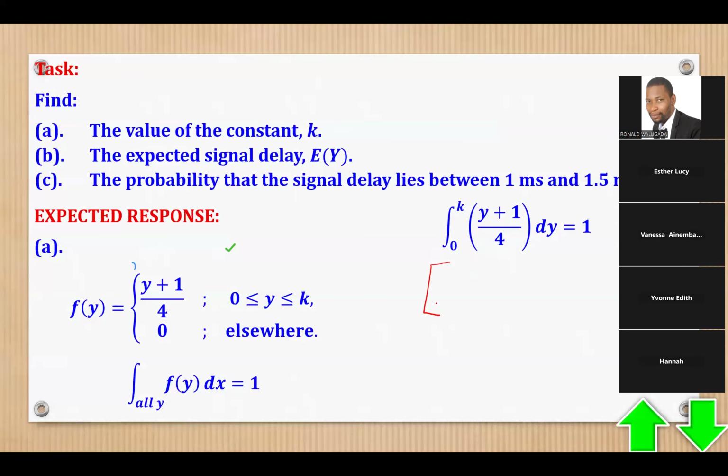Anyone? When I integrate (y + 1) divided by 4, what do I get? Yes? y squared over 8 plus a quarter y.